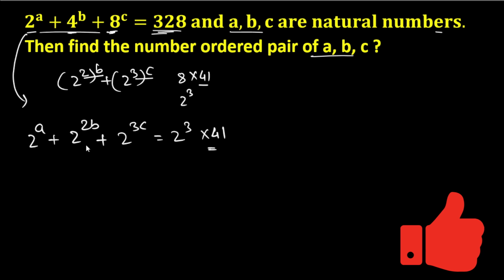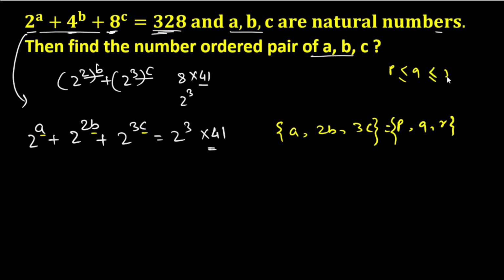In the next step we have the powers a, 2b and 3c. Let us take these values as p, q and r, where p is less than or equal to q and q is less than or equal to r.